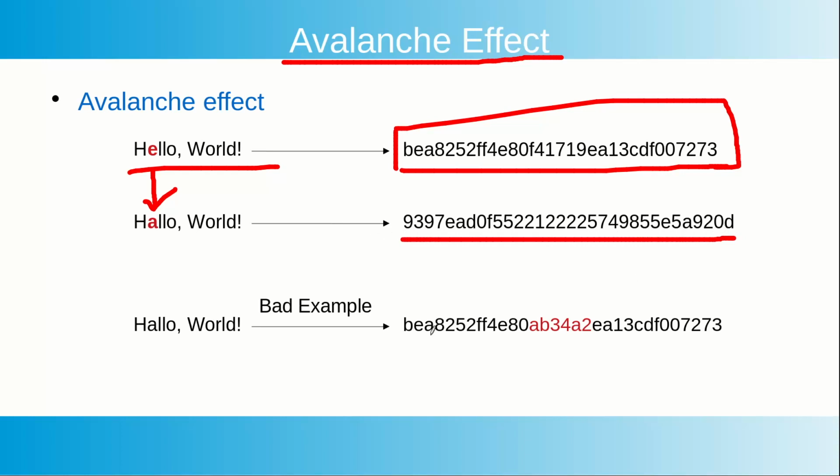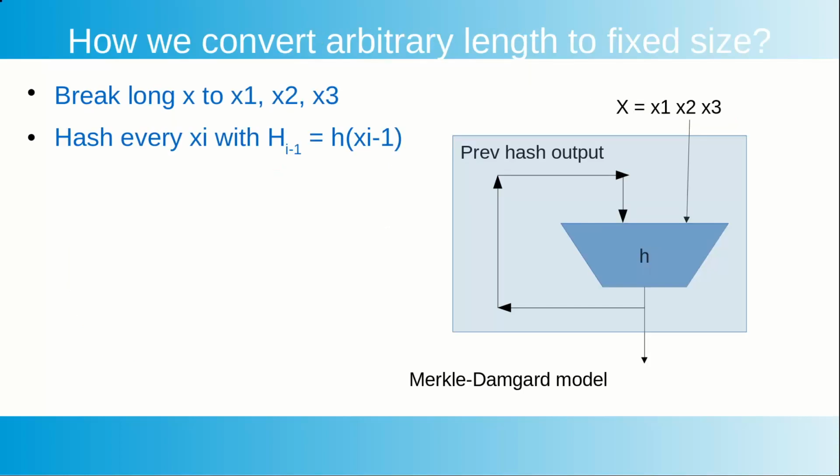So that is called a good hash function. And a bad hash function is something like, whenever I change this E to A, most of the things are exactly same, only a little portion of the hash output is changed or few bits are changed. That is called a bad hash function. So in our design of a hash algorithm, we have to keep in mind that the hash algorithm should be such that even a small change in the input will completely change the output.